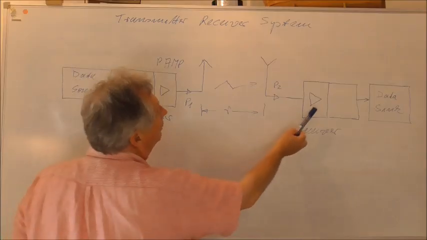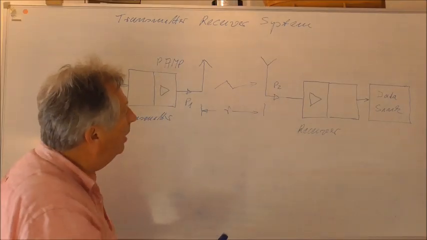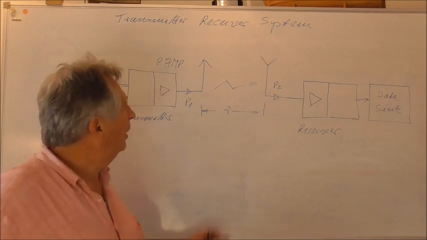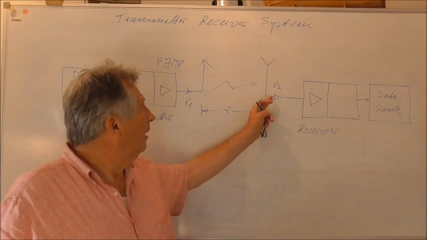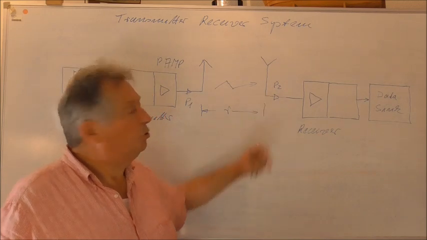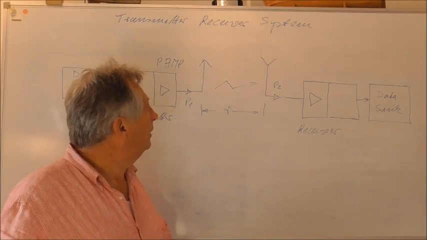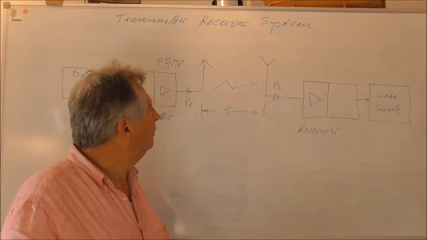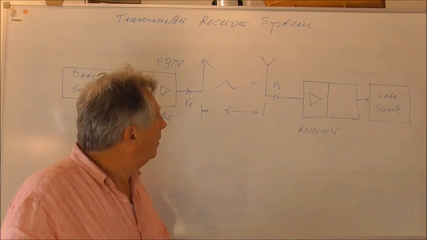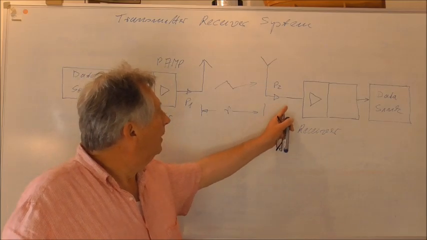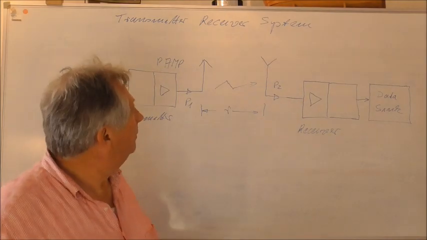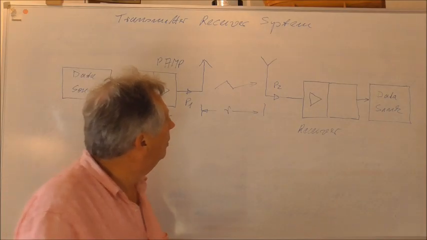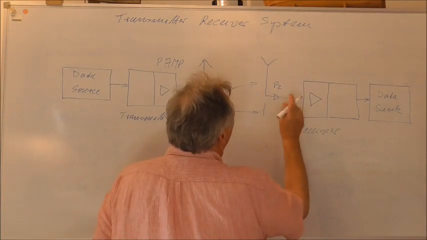But on the other hand, we have here a low noise amplifier, and as long as we increase the amplification, we could again increase the power P2 to a certain level so that we can demodulate the signal.